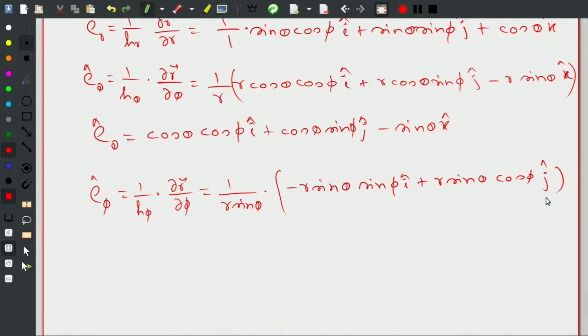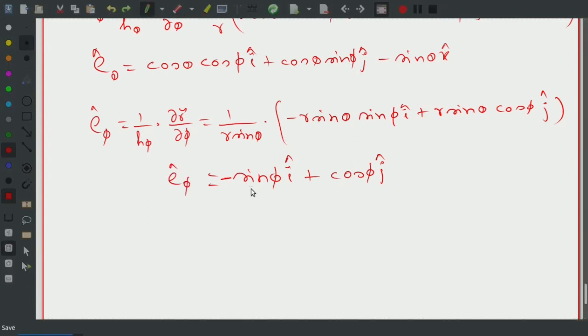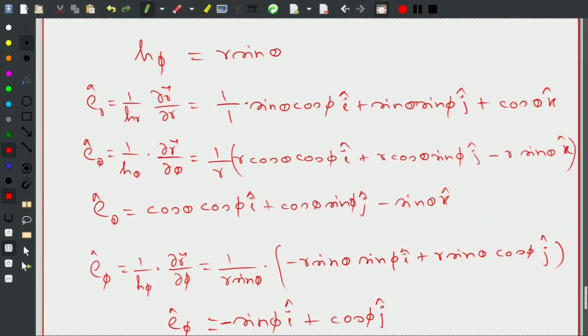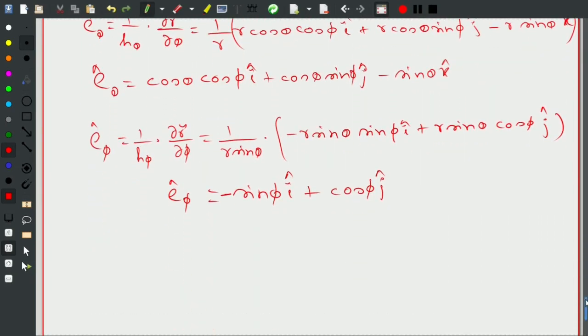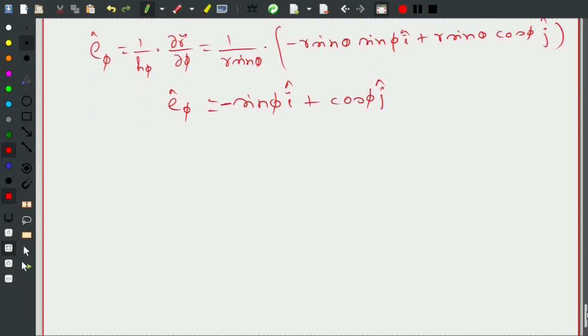If we divide this equation by r sin theta, we have minus sin phi i cap plus cos phi j cap. So this is e of phi, the unit vector along the phi direction. So these are the unit vectors and the scaling factors for spherical coordinates, found using our general curvilinear system.